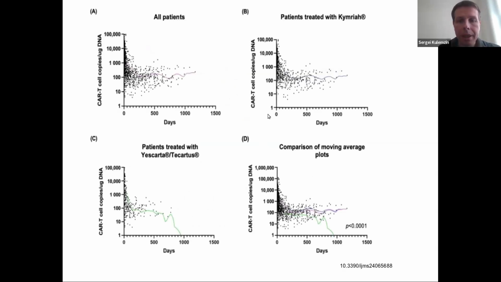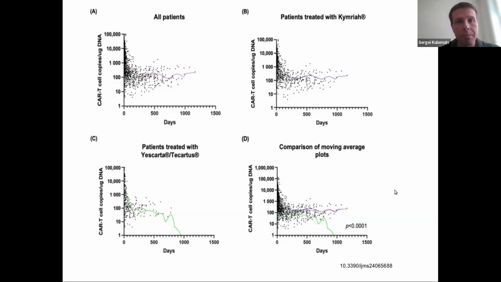But if we take a look at the persistence of these CAR T cells, it's really intriguing that Yescarta will purge from the human body faster than Kymriah. So 4-1BB signaling is more beneficial for long-term effects. If we are talking about thousands of days of persistence, then CAR T cells based on 4-1BB signaling seem to be better for the patient than CAR T cells based on CD28 signaling.